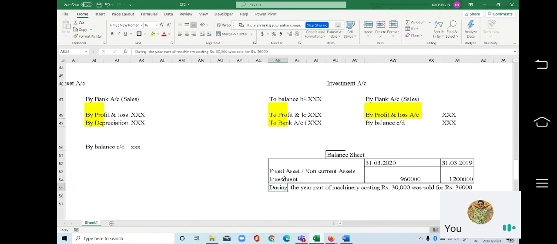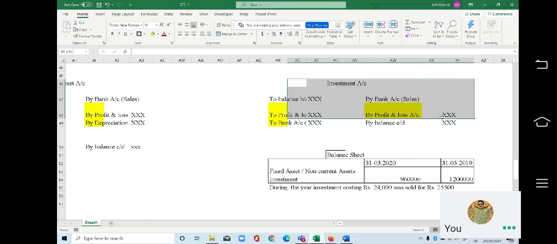And the information is given in such a way that during the year, investment costing rupees 24,000 was sold for rupees 25,500. Okay, it was given like this. So what you do, take this format. Just for our reference, I'm taking up this format.